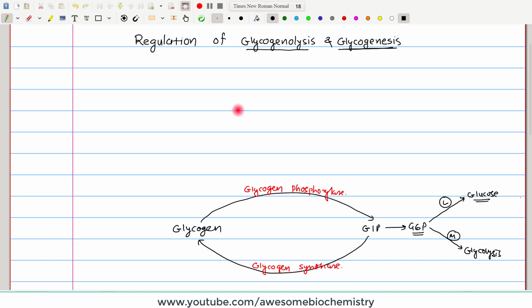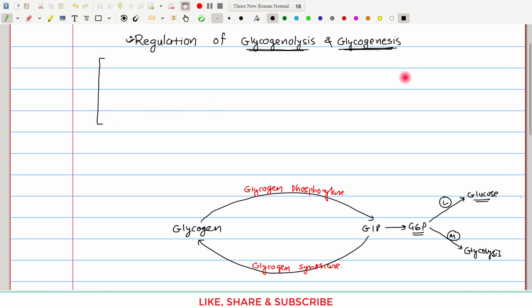As you can see, glycogenolysis and glycogenesis are opposite pathways. So we have to discuss regulation of both pathways together, then only can we have an idea about the complete picture of regulation of glycogen metabolism. Now before discussing the fine details of this regulation, let's first look at the bigger picture.